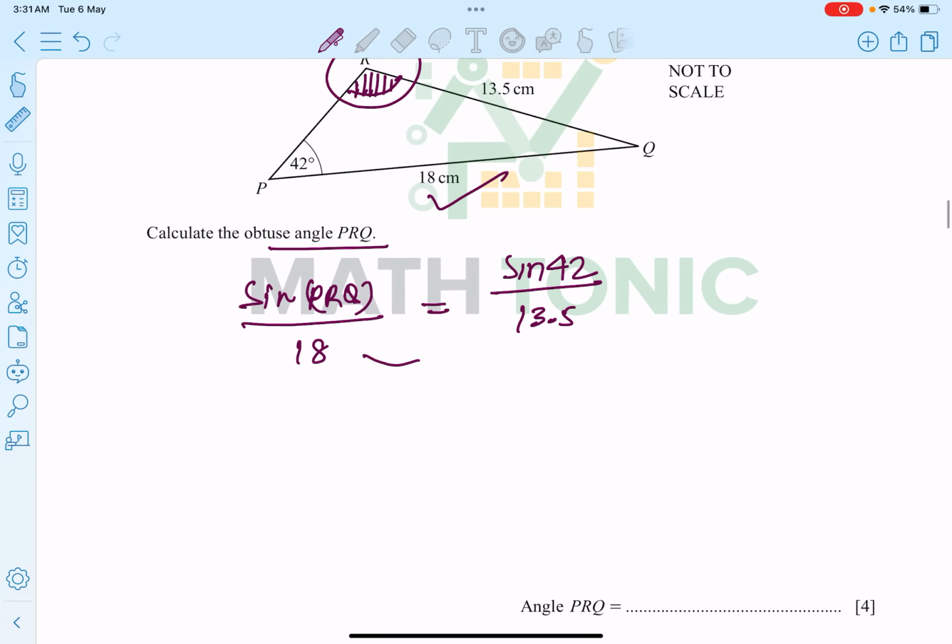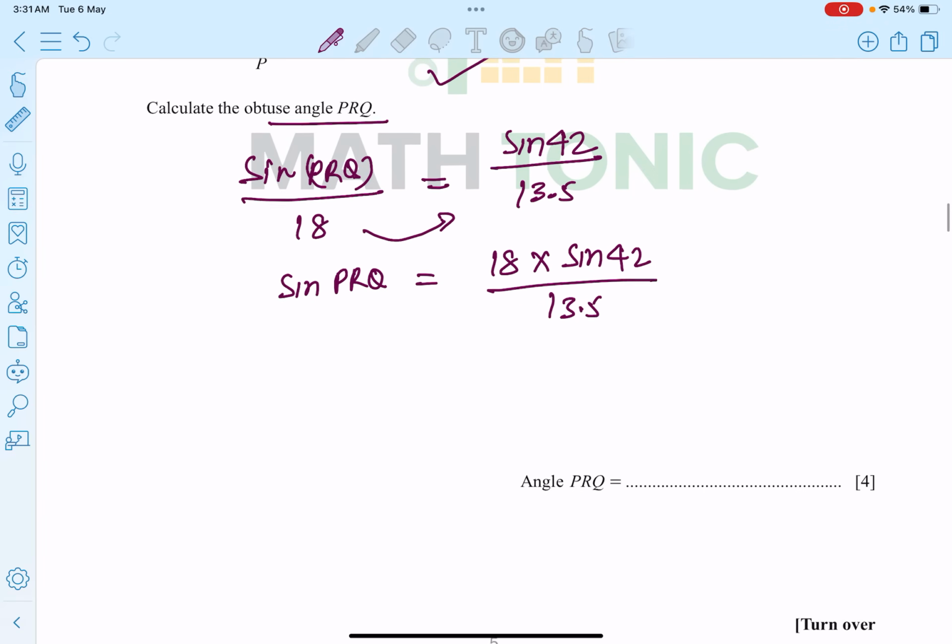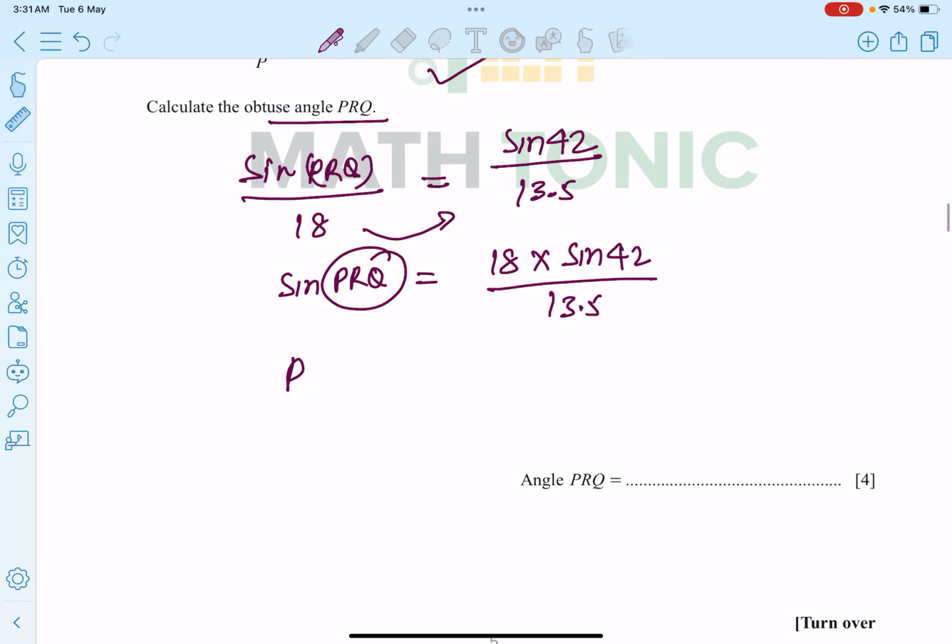Now if I move this 18 to the side, it will be sine PRQ. So this 18 will go to the numerator, sine 42 over 13.5. Got it? As I'm trying to find the angle, PRQ equals sine inverse of 18 times sine 42 over 13.5.